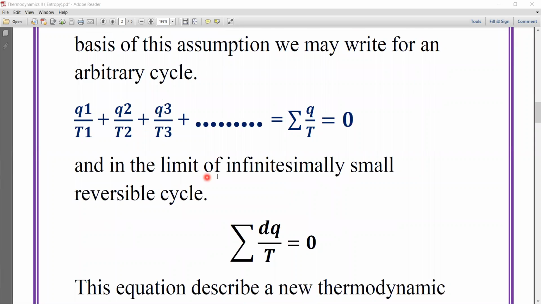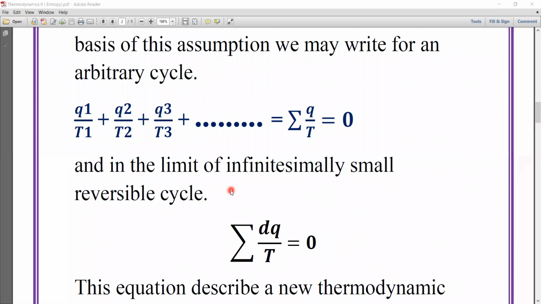And in the limit of infinitesimally small reversible cycle, that is for small change, we can write summation dq. d is the small change, so for that we have taken d here.